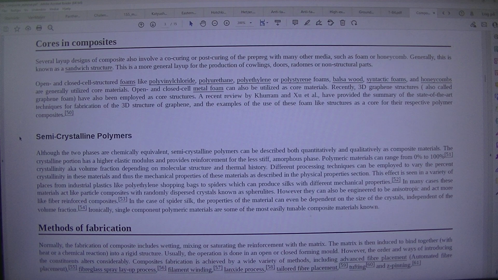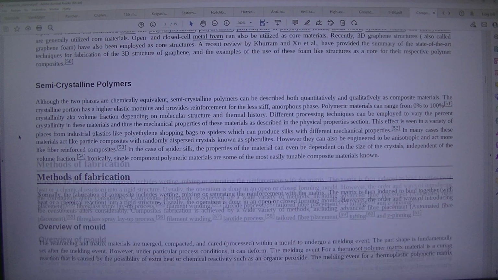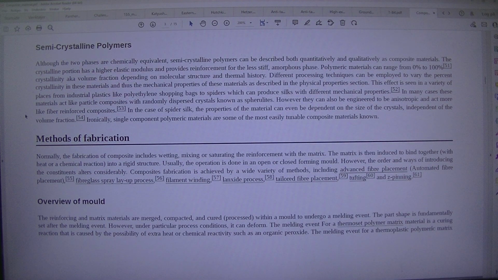50. Semicrystalline polymers. Although the two phases are chemically equivalent, semicrystalline polymers can be described both quantitatively and qualitatively as composite materials. The crystalline portion has a higher elastic modulus and provides reinforcement for the less stiff, amorphous phase.